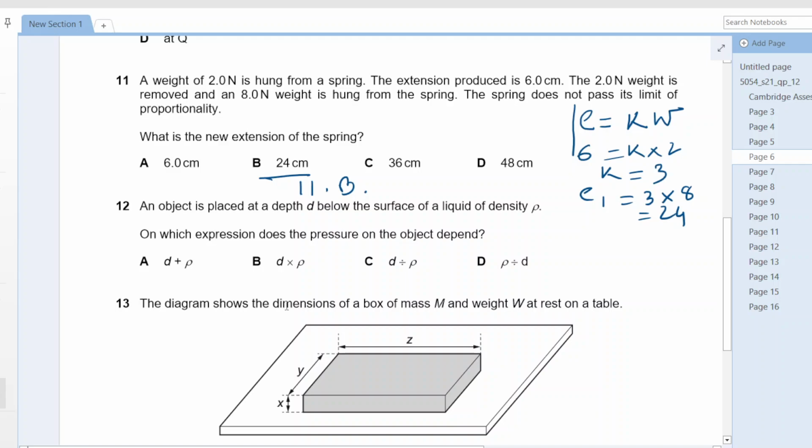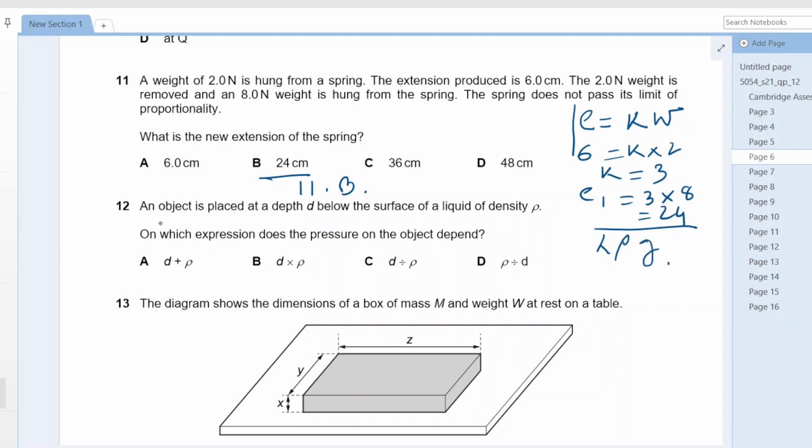At 12, object is placed at depth D below the surface of liquid of density rho. You know, pressure under liquid is h rho g.